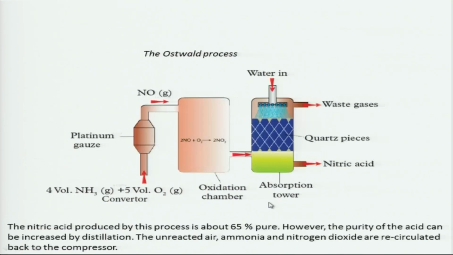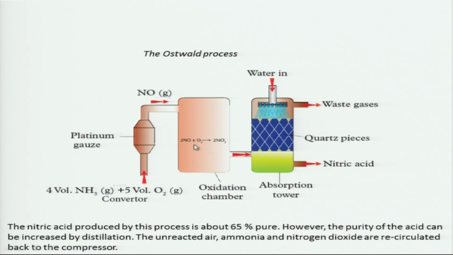So you can look at the diagram there, the Oswald process. That is the diagram we have here. You see, I have this compressor. There is platinum as a catalyst. So you have some ammonia and oxygen entering into a converter. It is oxidized to nitrogen monoxide and steam, you remember.